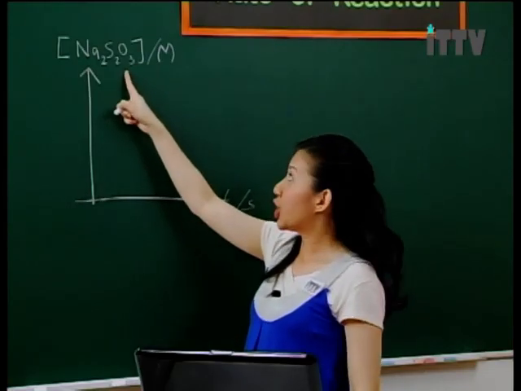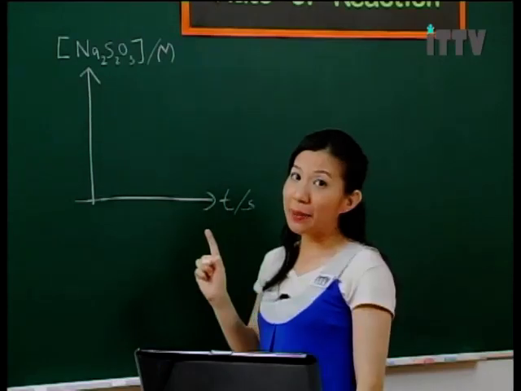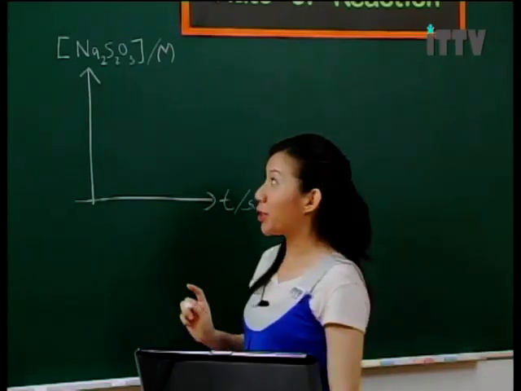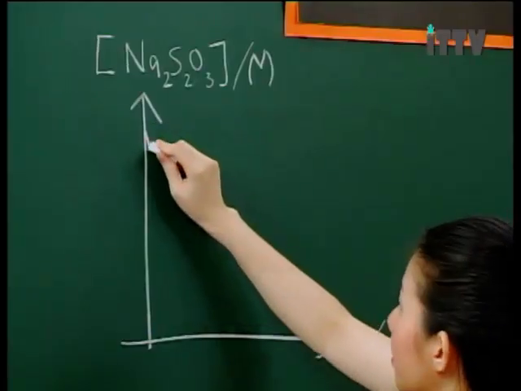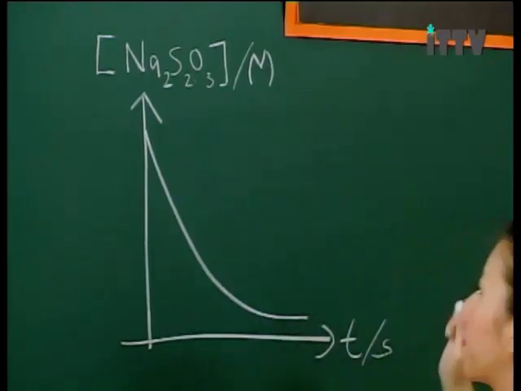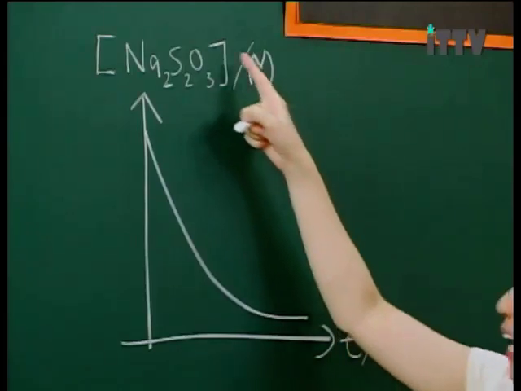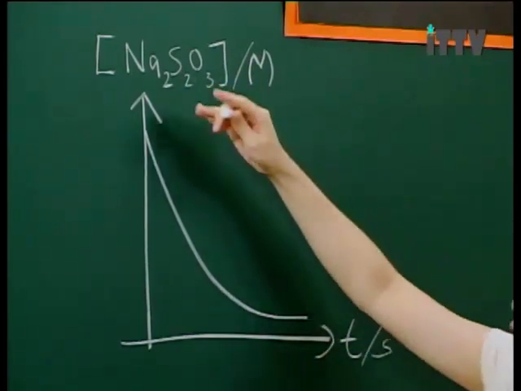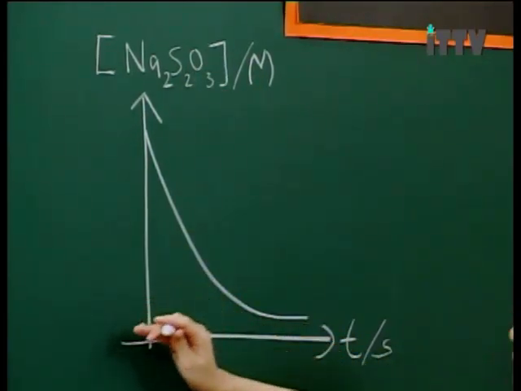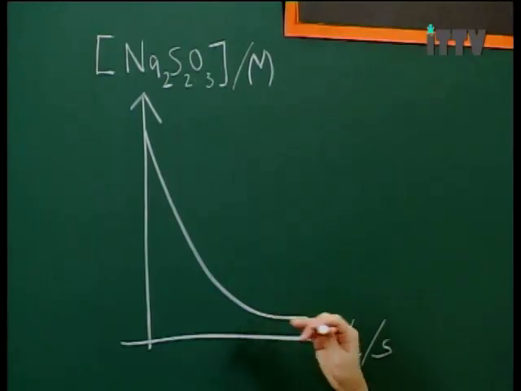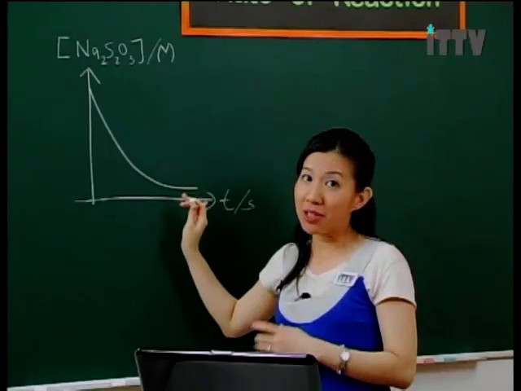As the concentration decreases with time, this can be illustrated on the graph. So this shows that for the concentration of thiosulfate, the lower the concentration, the longer the time it takes to complete the reaction.